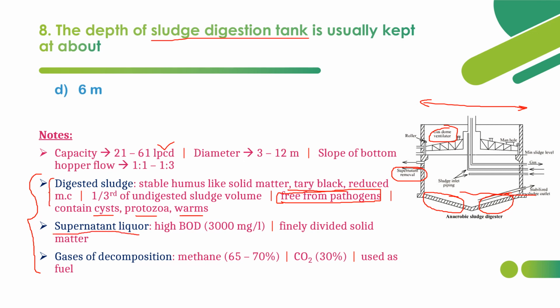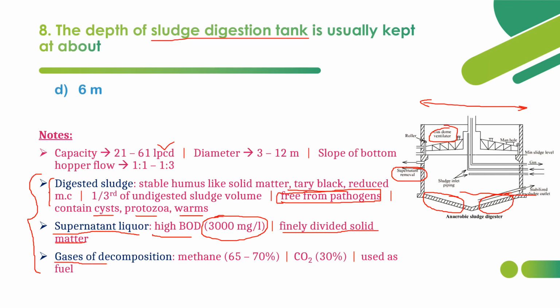In the case of supernatant liquor, it contains a high BOD value, that is 3000 milligram per liter. Its treatment is highly necessary because the BOD value is very high and it is dangerous when we dispose it into natural water bodies like rivers or lakes, and it contains finely divided solid matter.